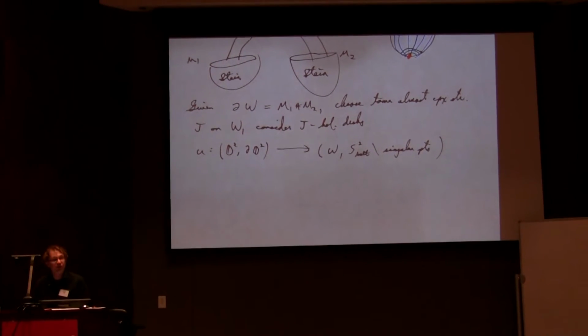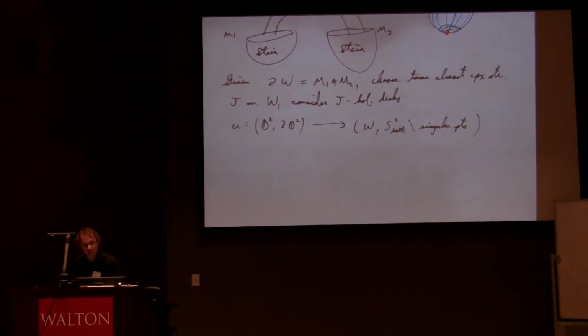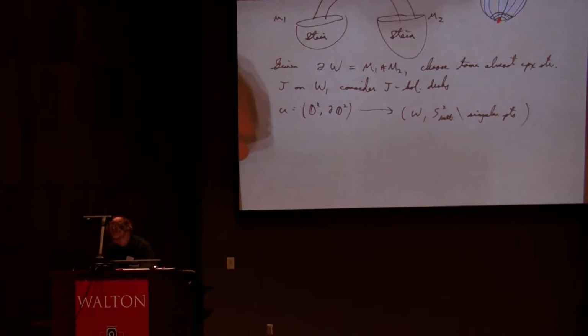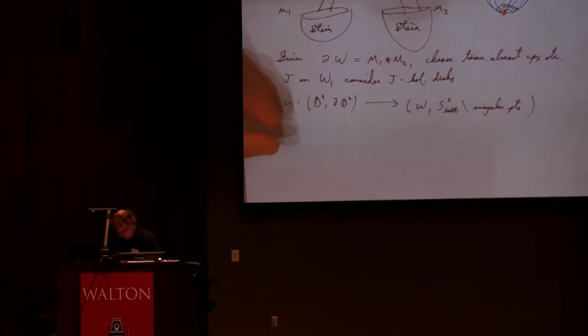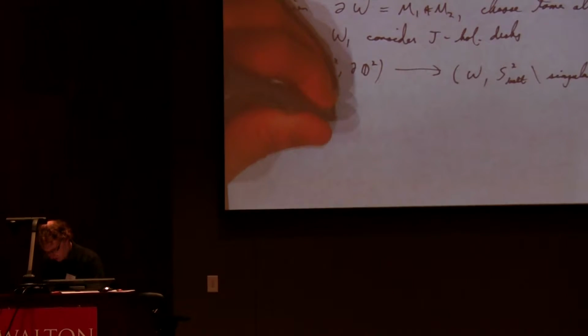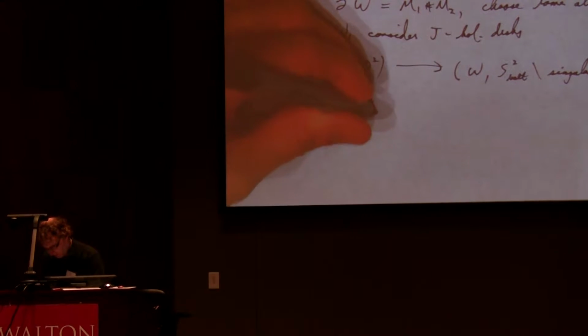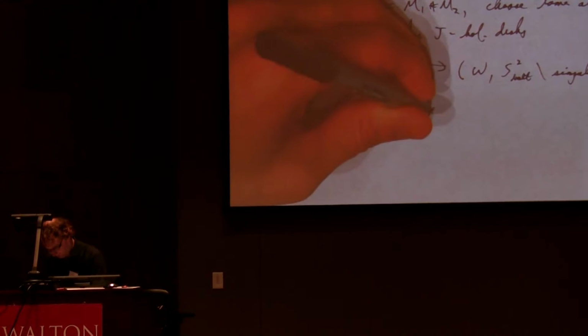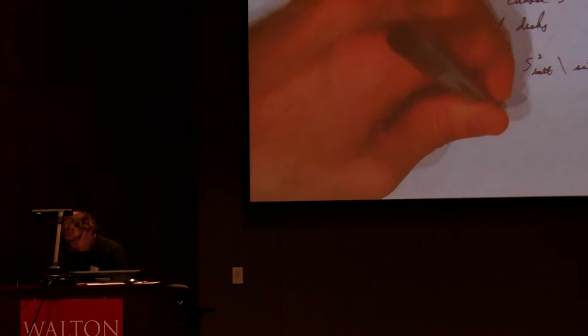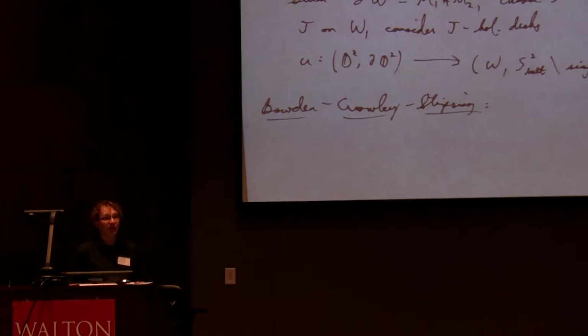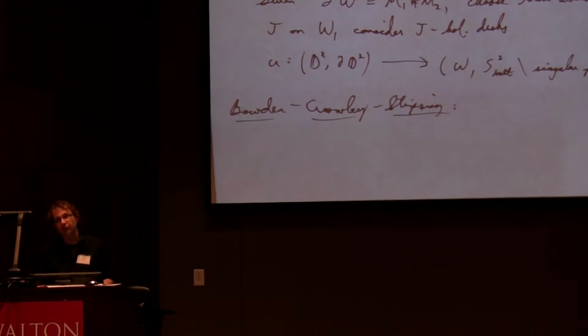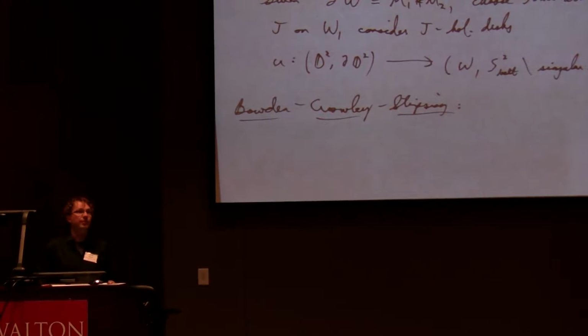let me mention also, by way of context, another result that appeared relatively recently. Bowden, Crowley, and Stipsicz thought about how likely it is for this theorem to be true in higher dimensions, and came up with something that at first looked like evidence against it.